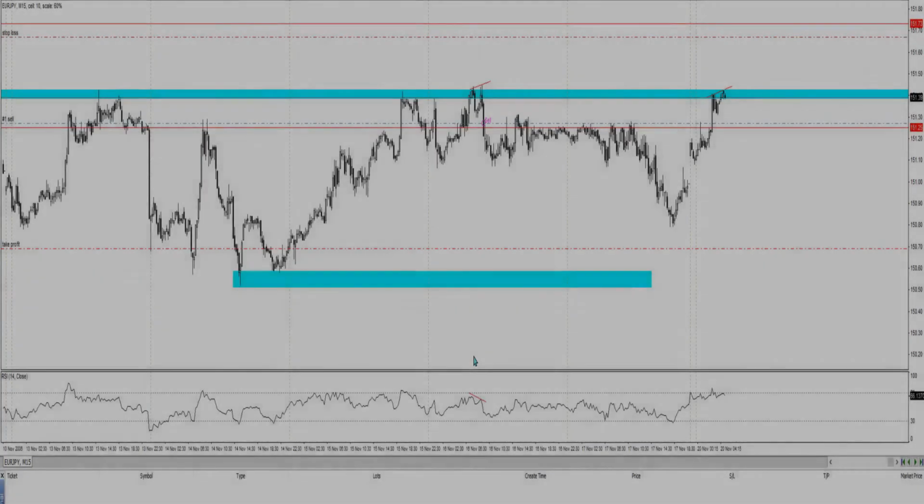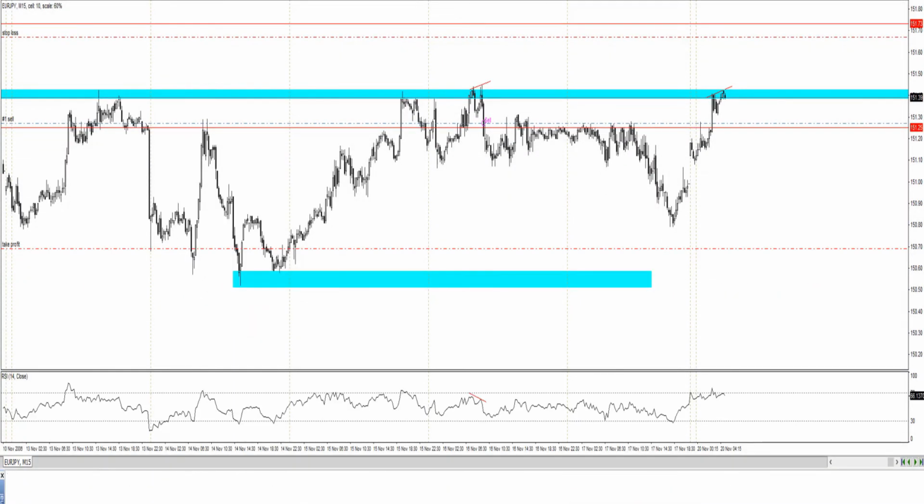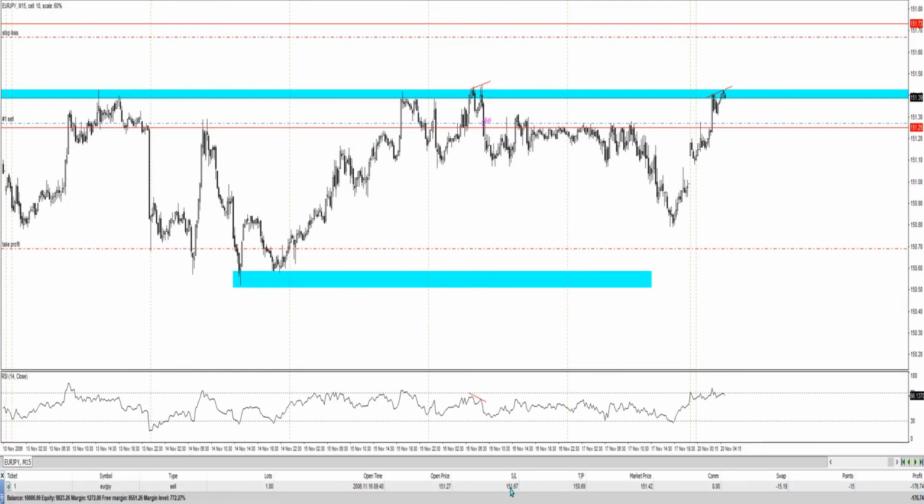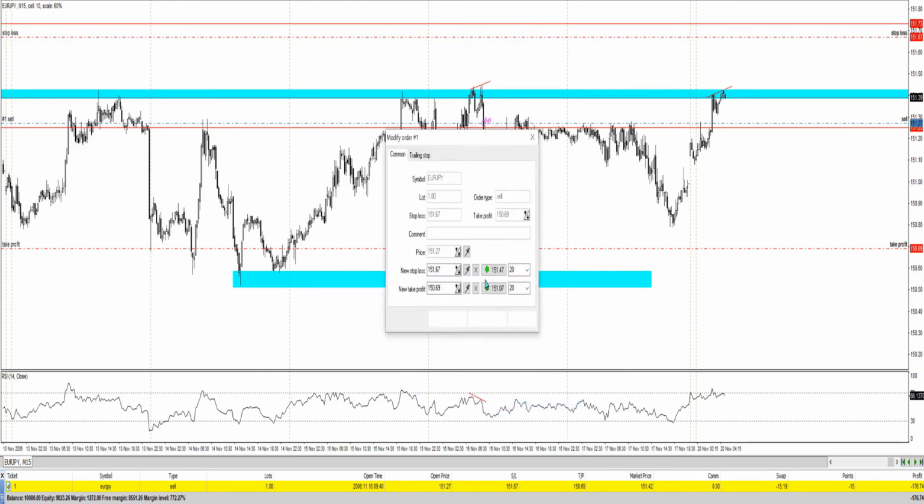So we need to modify our order. Have an open position there. Modify order. That's the stop loss that we want to move slightly up. This is because there's another setup here, and we see that there is a higher high here. And then I'm going to place another order under there because this is a valid setup as well.